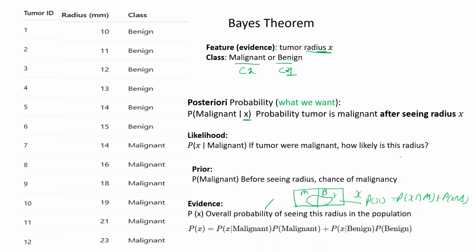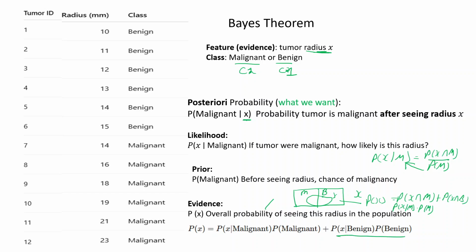Previously we have seen that whenever we calculate X given malignancy, we can write it as the probability of X intersection malignancy divided by the probability of malignancy. Therefore, X intersection malignancy can be written as the probability of X given malignancy multiplied by the prior probability, that is, the probability of the malignant.